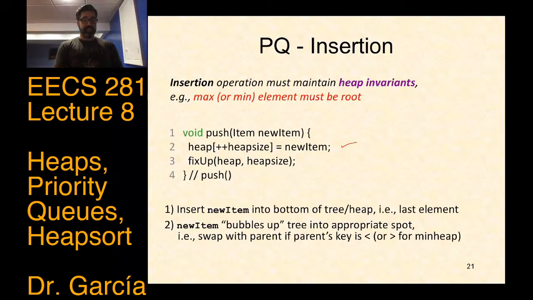So we're just doing plus plus on the heap size, incrementing heap size by 1 because we're adding an element, and then indexing directly into that array slot and assigning the new item, and then calling fix up on the heap size. Remember, this is now the index of the new item.